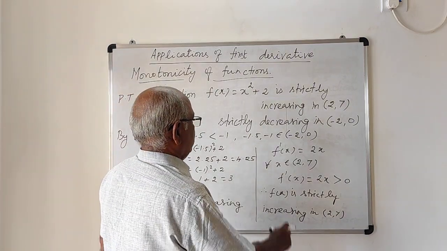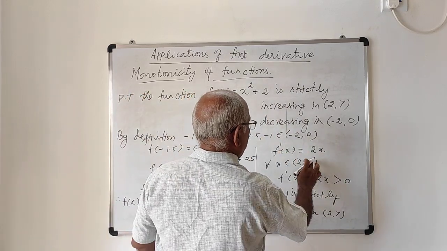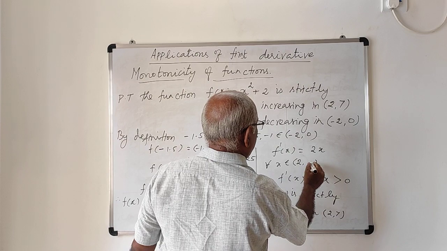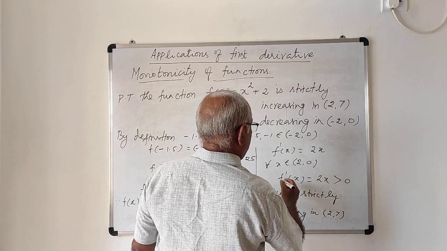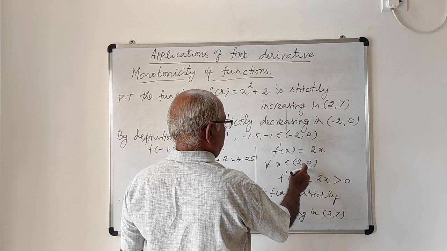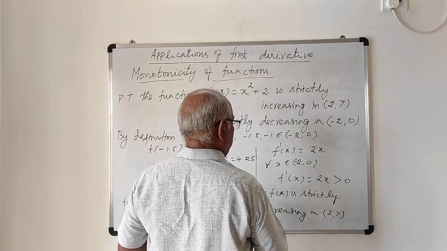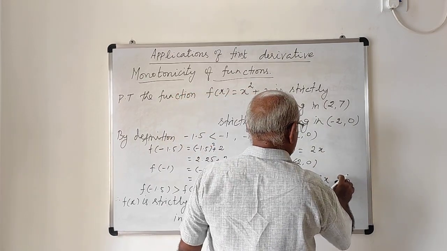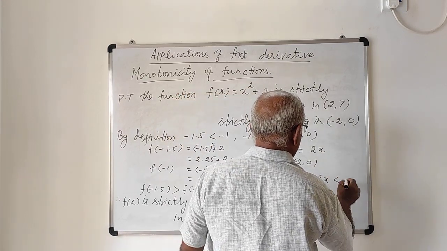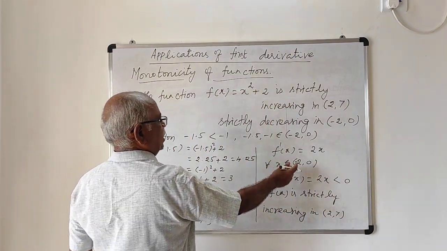By using the first derivative, f dash of x is 2x. For any x in the interval minus 2, 0, because all the x values are negative, f dash of x, which is 2x, should be less than 0.